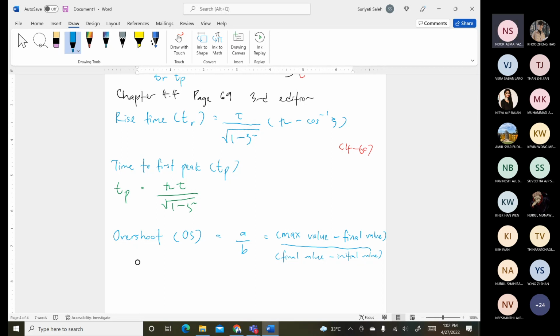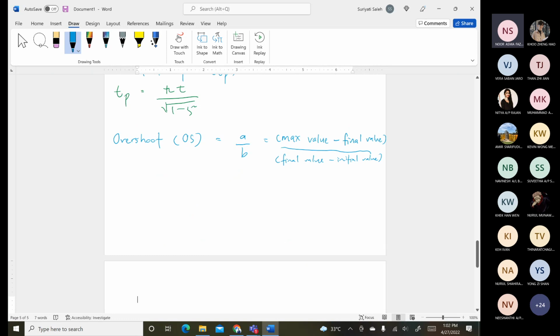Another way to calculate the overshoot is by using tau and the damping coefficient, where OS can also be calculated as exponent of negative pi psi divided by square root of 1 minus psi square.